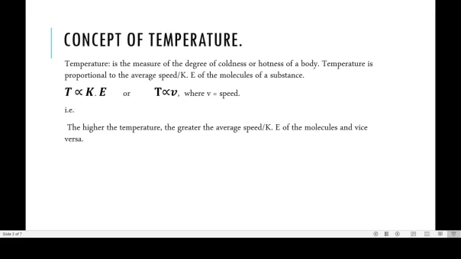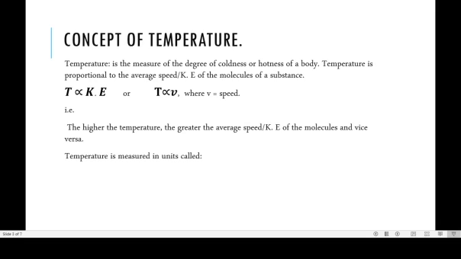This is telling us that the higher the kinetic energy of a body, the higher the temperature, and vice versa. So temperature is proportional to kinetic energy, or you can say temperature is proportional to the average speed of molecules of a body. This statement is confirming the variation above: the higher the temperature, the greater the average speed or kinetic energy of molecules, and vice versa.